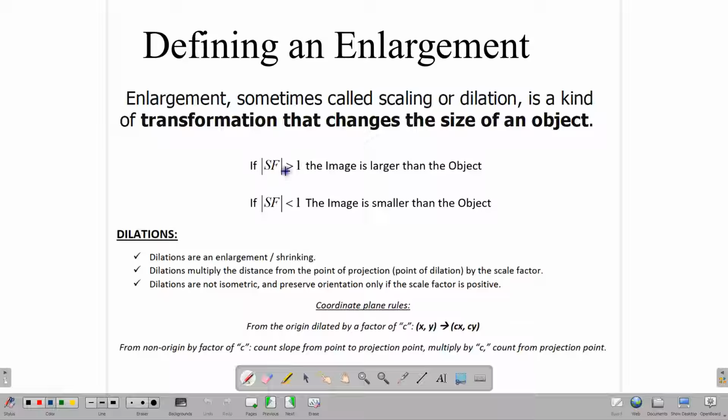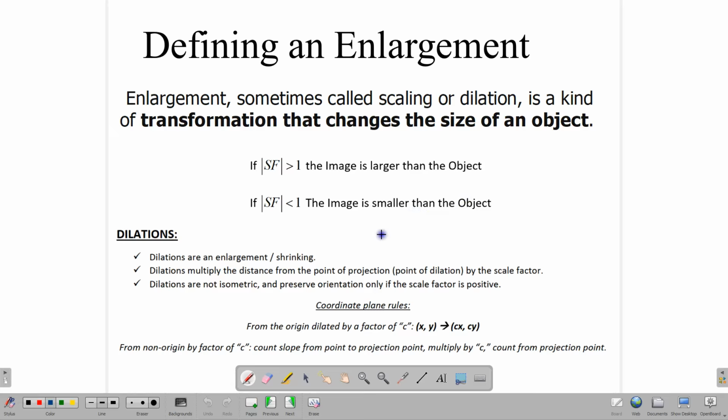So if your scale factor is greater than 1, the image is going to be larger than the object because you're magnifying it. If the scale factor is less than 1, that is, if it's a proper fraction, then your image is going to be smaller than the object because you're shrinking the object.